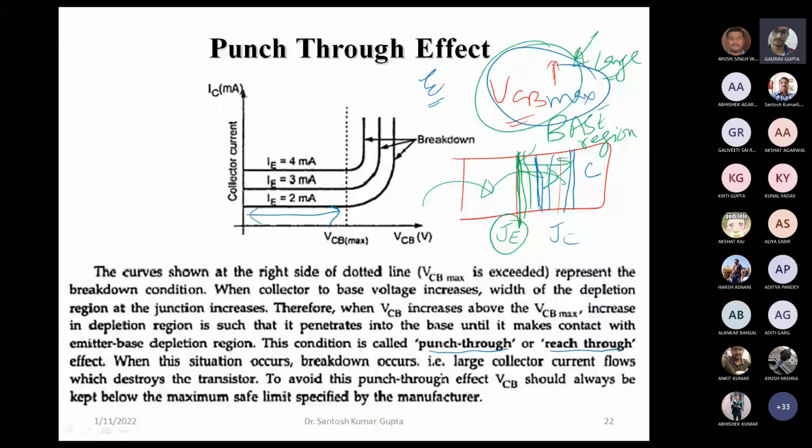That may not cause damage at first sight, but if we try to operate the device multiple times in this breakdown region, it may damage the device itself. That's why we should limit our operations below this VCB max, which is mostly given by the manufacturers.